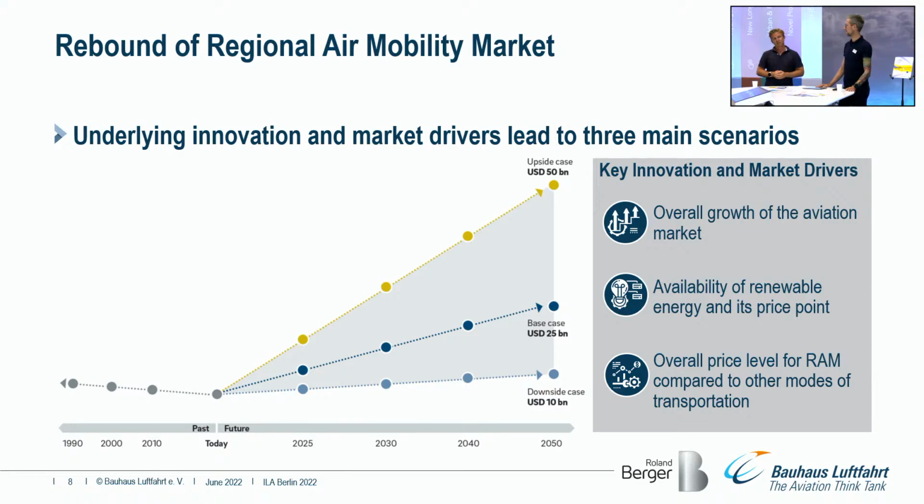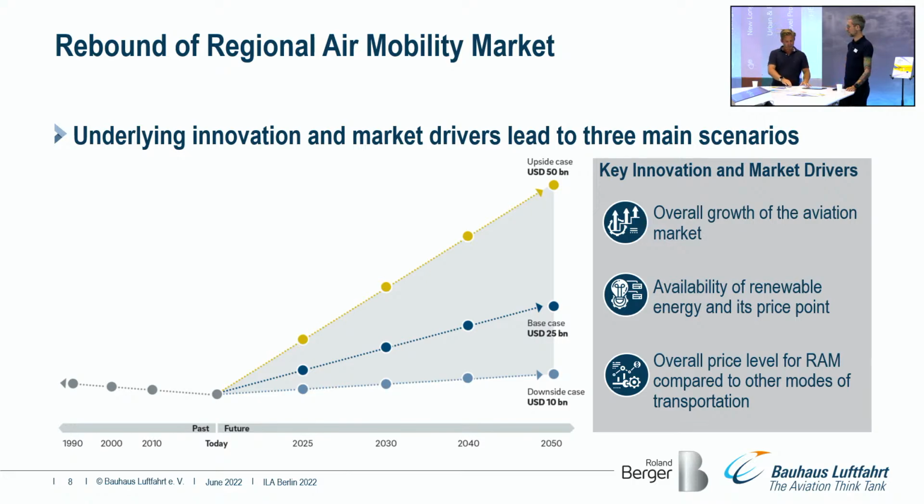And we also included the assumption that the overall aviation market will experience a decline in growth, because otherwise you most likely will not meet the net zero climate goals 2050.